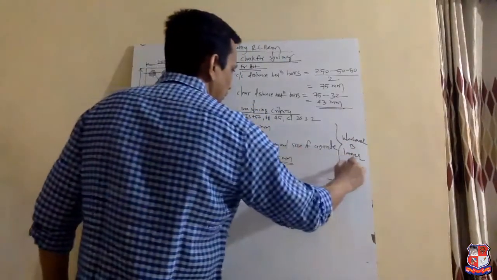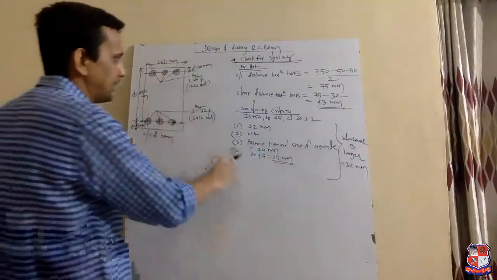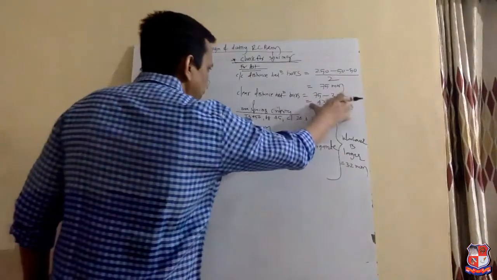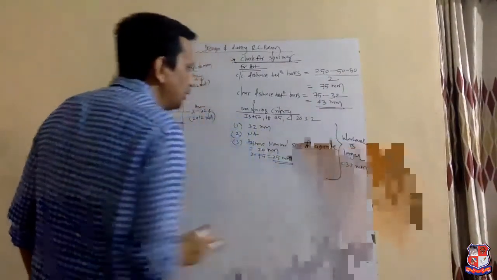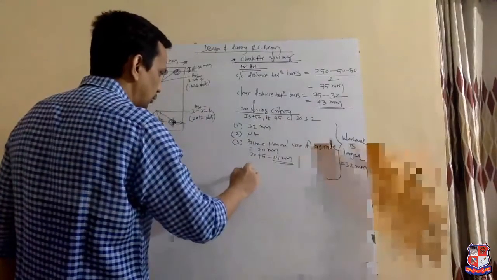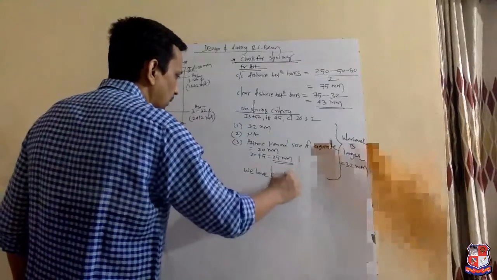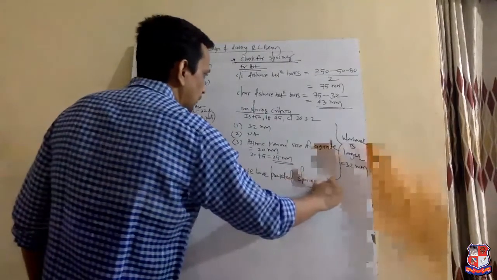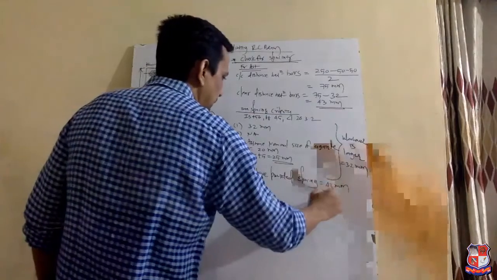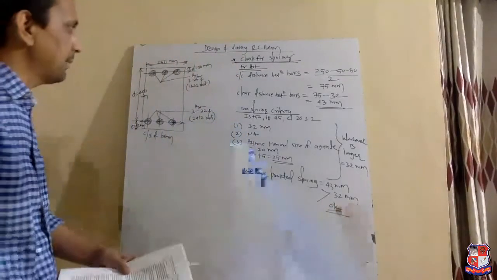And this is what? 32 mm. So IS has recommended that our spacing must not be less than 32 mm in our case. We have provided spacing equal to 43 mm, which is greater than 32 mm. Again, I repeat.